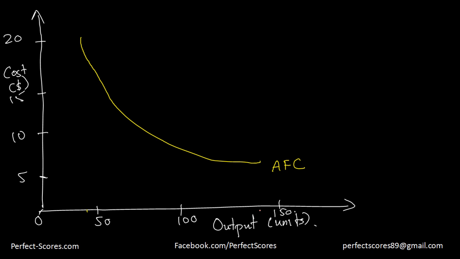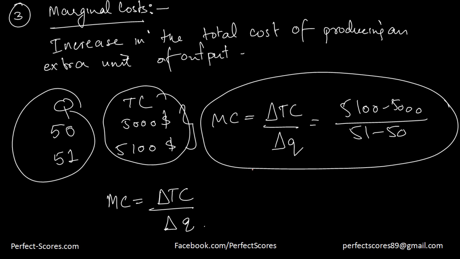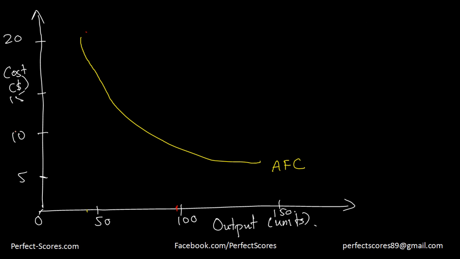So it starts from 20, right? It pretty much starts from the same point. So if I say this is the average variable cost, it reaches its minimum point at 90, which actually corresponds to a cost of 11.11.